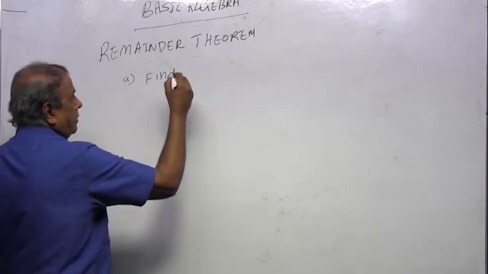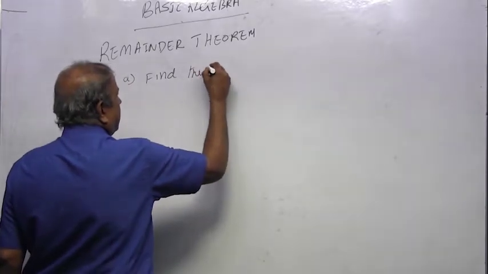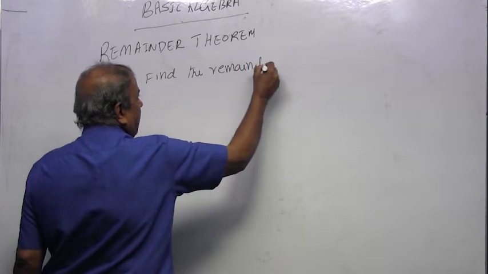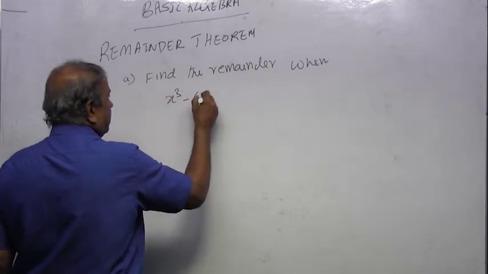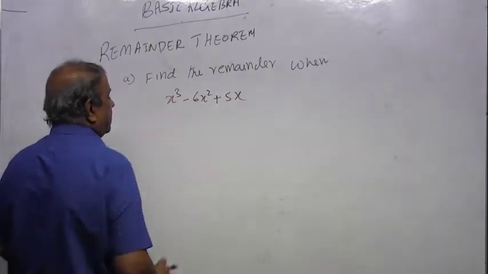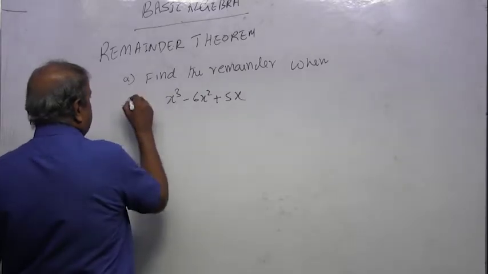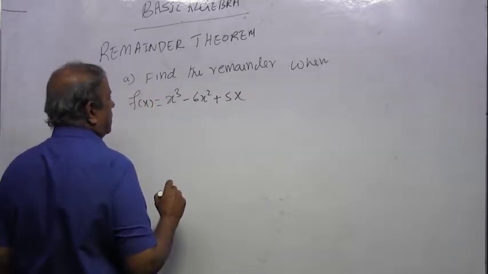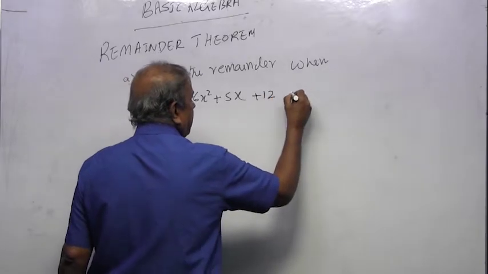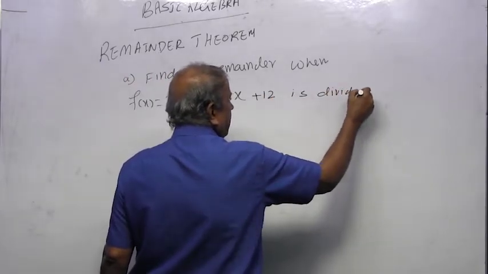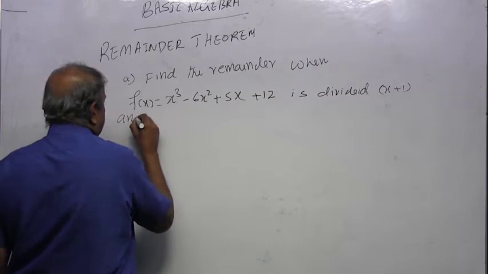For example, find the remainder when f(x) = x cubed minus 6x squared plus 5x plus 12 is divided by x plus 1, and hence factorize.